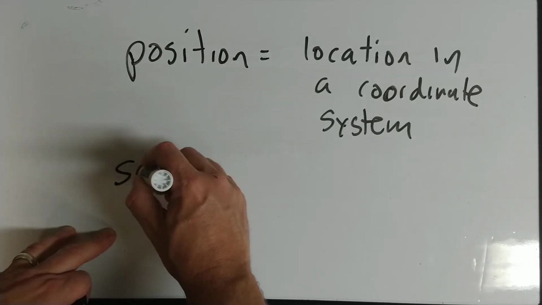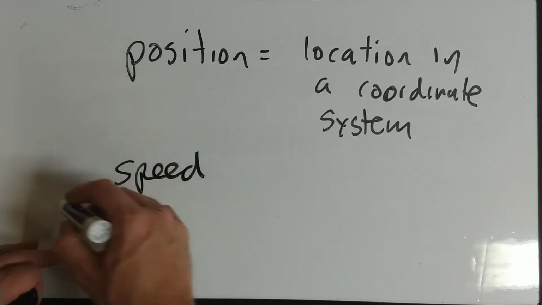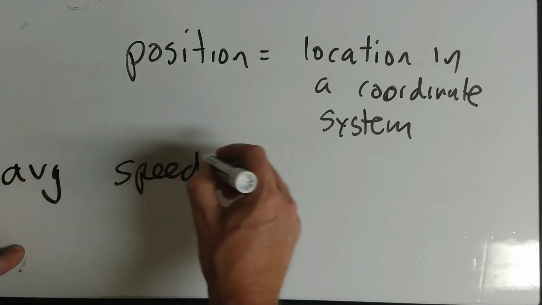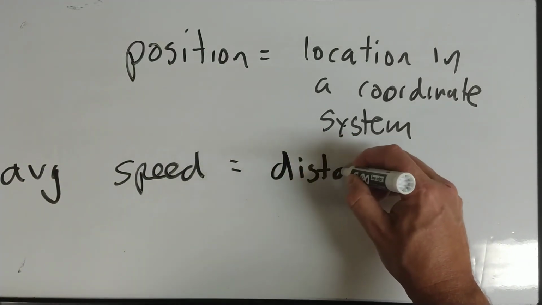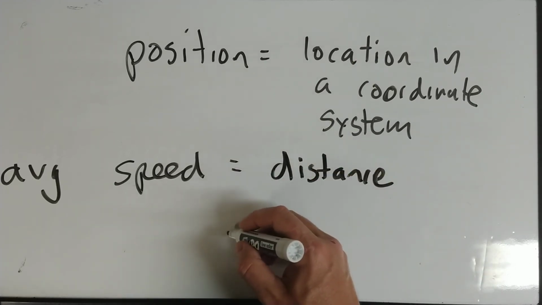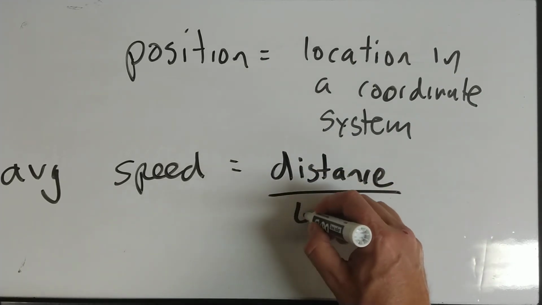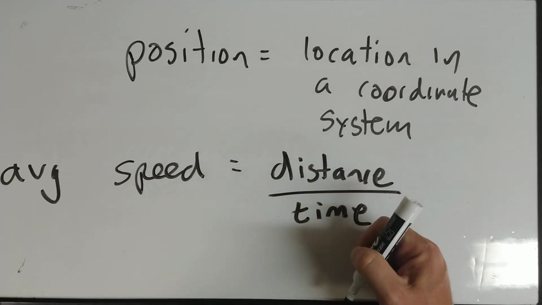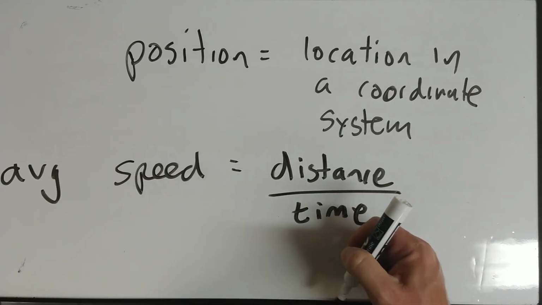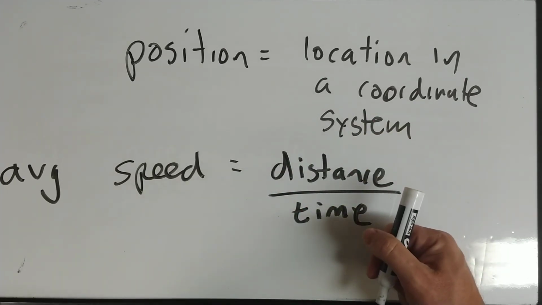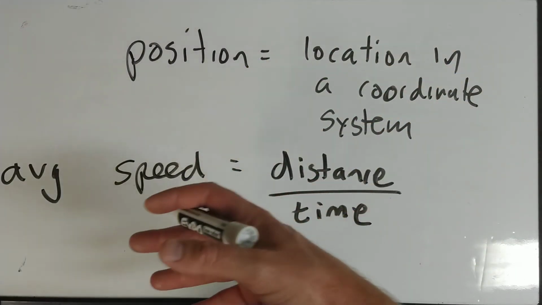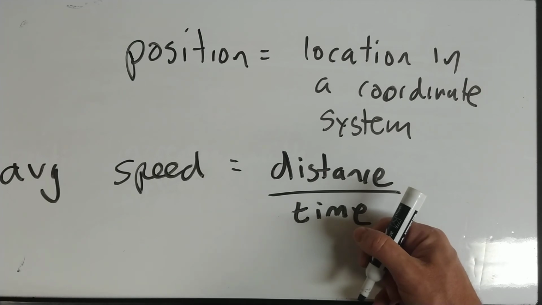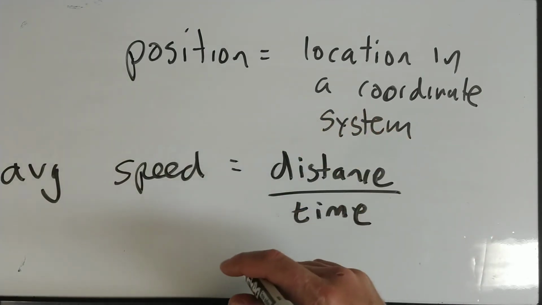And speed, really its average speed is kind of your distance traveled for a certain amount of time. Those are the two main takeaways. Position is location in a coordinate system, and average speed is distance over time. And that's going to be enough to get us started for now.